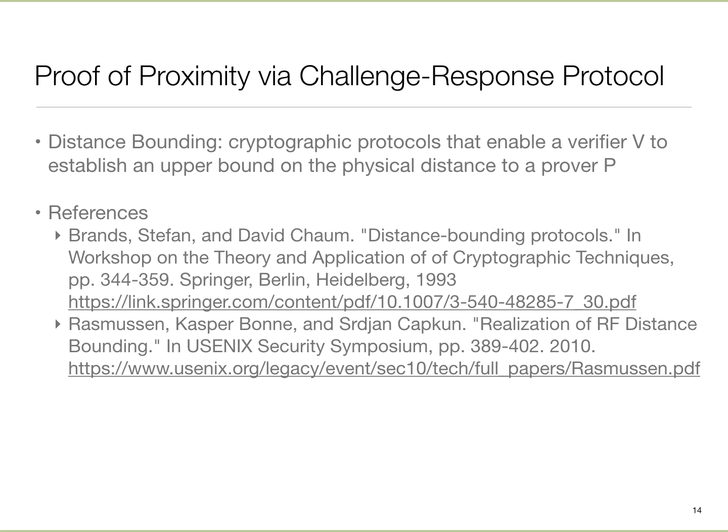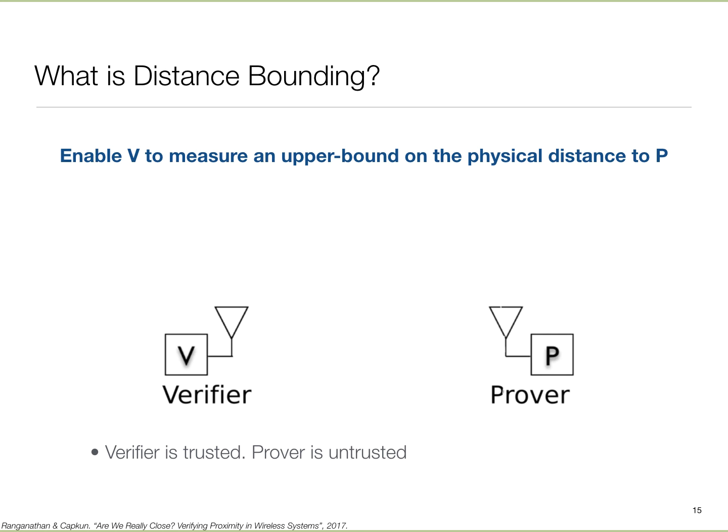So the basic idea is that distance bounding protocols can establish an upper bound on the physical distance to the prover. So they are saying that through these protocols alone, we are going to have a verifier establish an upper bound on the physical distance that exists. So this is the setting again. We have a verifier, we have a prover.